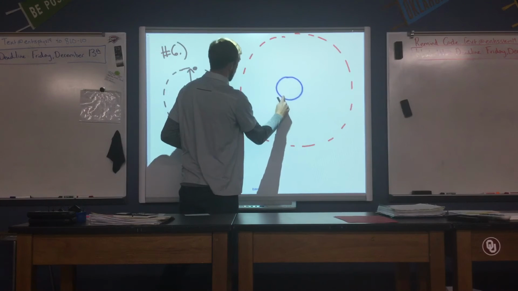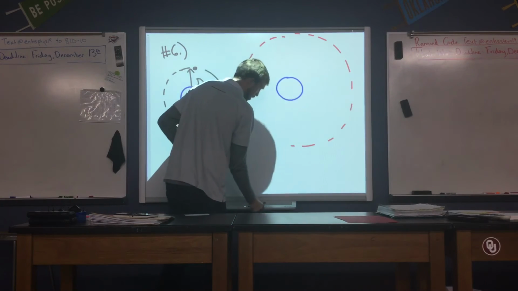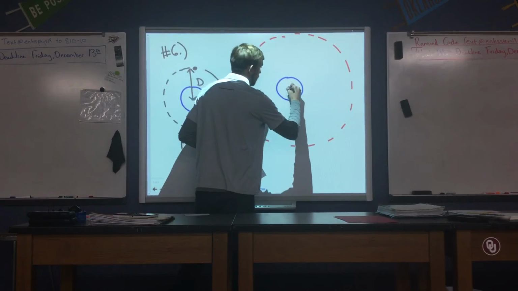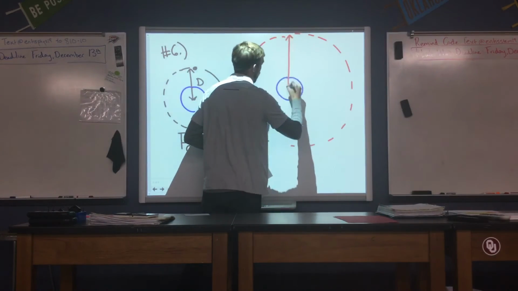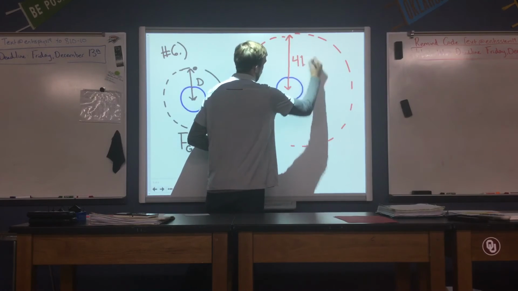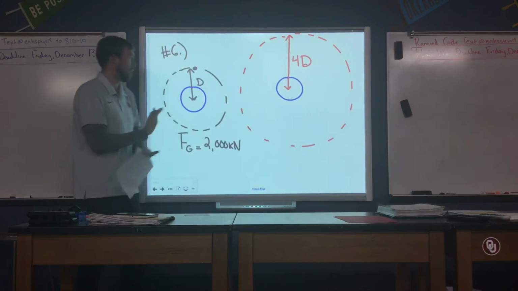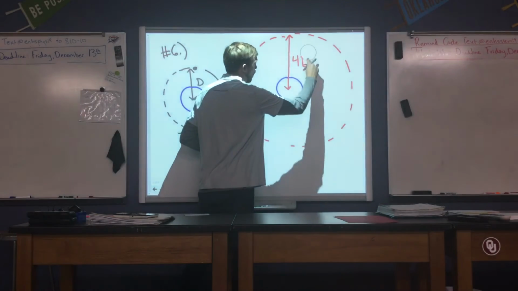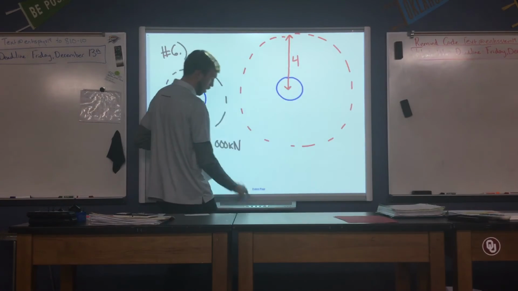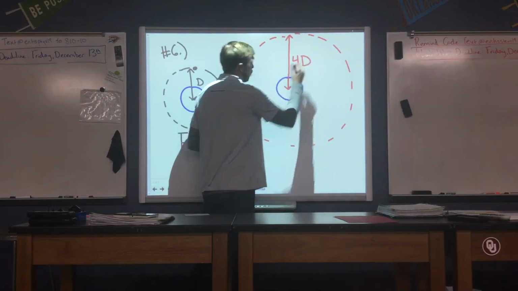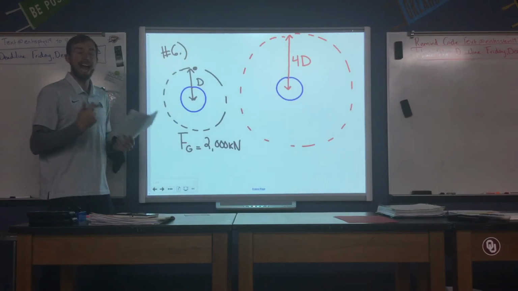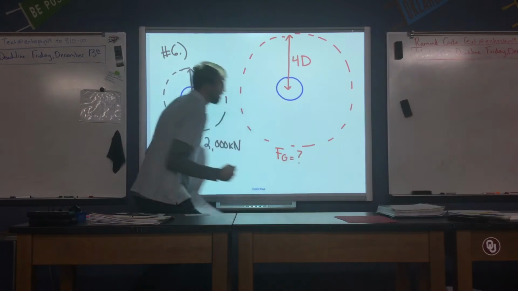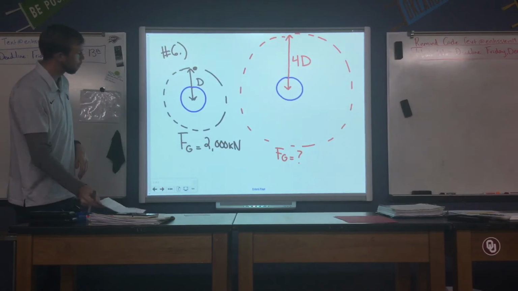Again, this is not going to be 4 times greater, but just kind of shows us it's a bigger value, and we are at a distance not of d away from the Earth, but of 4d. Now again, that is not drawn to scale. I want us to see it's a larger distance. We're told it's 4 times greater, but I drew this one a little bit large, so it's hard to draw the red circle even larger. Now we're asked this: what is the force of gravity now between satellite B and the Earth?